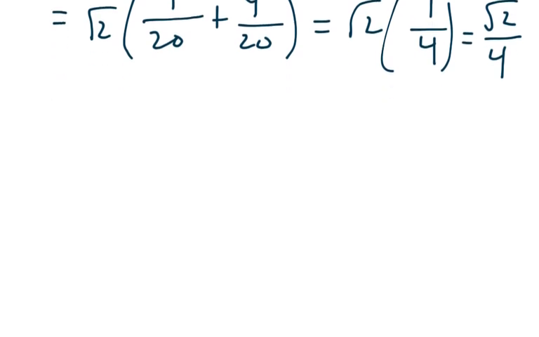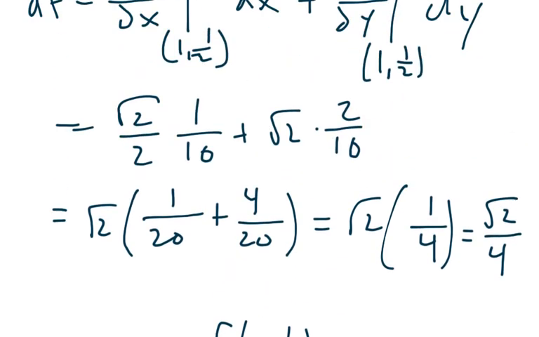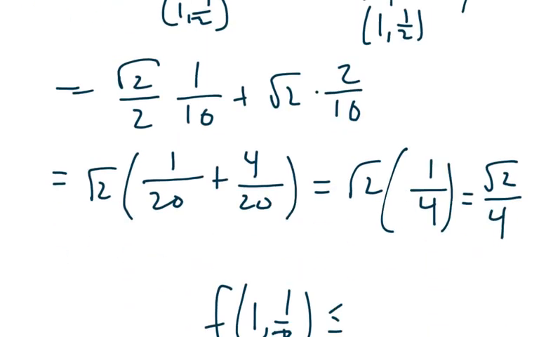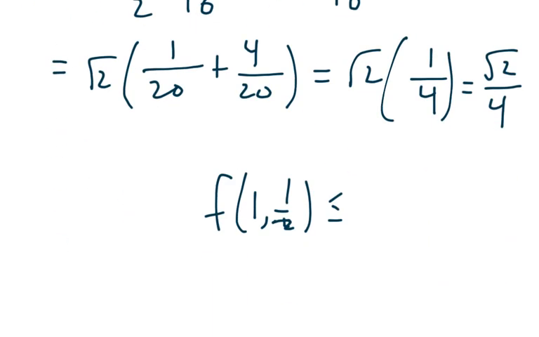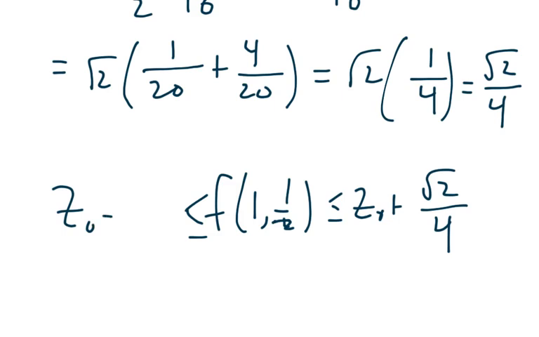So what we find is that f of 1, 1/2 is less than or equal to, well, the value we found for f of 1, 1/2, which we called z0, plus square root of 2 over 4, and it's greater than or equal to z0 minus square root of 2 over 4.